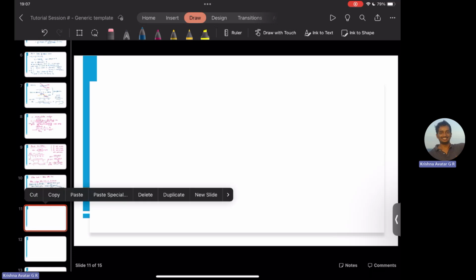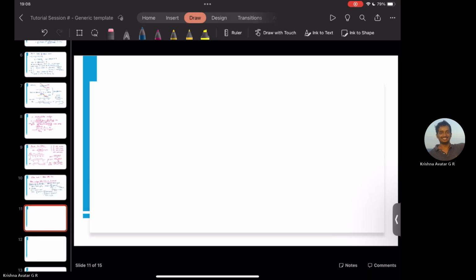Now moving forward, let's look at some other properties. Say property number 2.